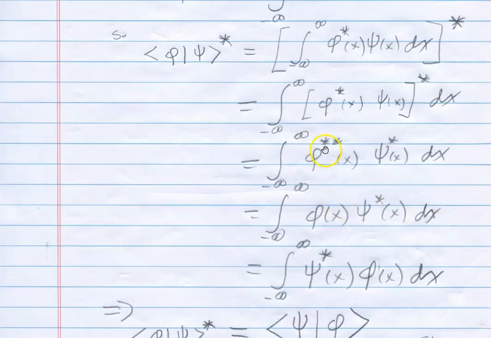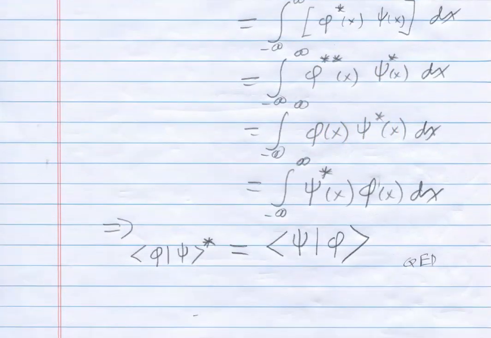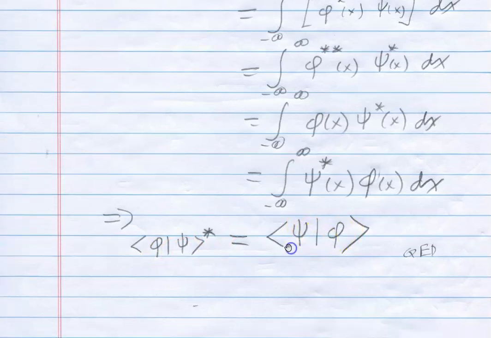And if I replace i by minus i and replace i by minus i, I'm back to where I was to begin with. And then I've got psi star psi. Then I just reorder it, and this is nothing more than what you mean by the bracket of psi and phi. So we've shown that the complex conjugate of this quantity with the order reversed is back to where we started. So that was property 3.